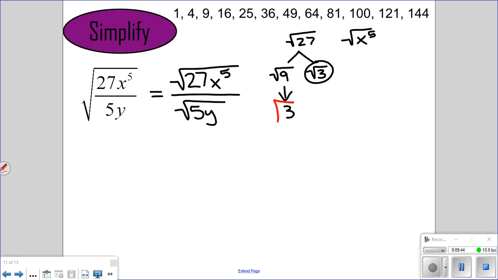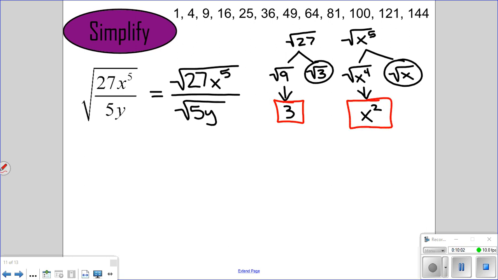Over here we have an odd number for our exponent, so we have to take one away from that. Square root of x to the 4th is x squared. So on the top part of our fraction, we wind up getting 3x squared times the square root of 3x.